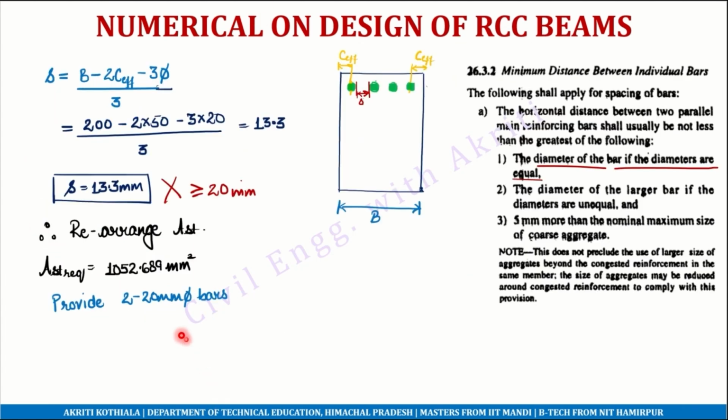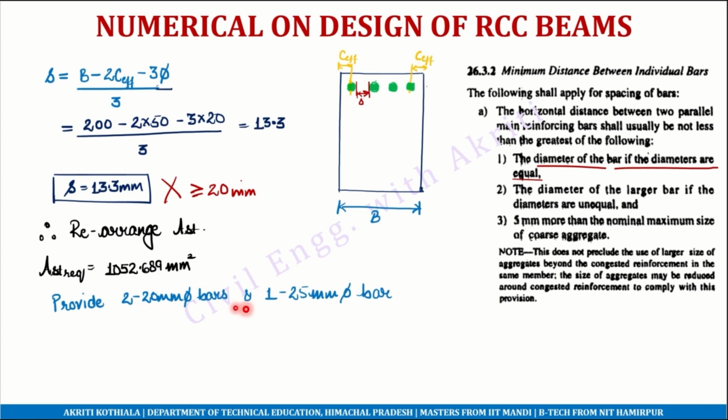What we can do is use this entire AST again and distribute it amongst 2 diameters of bars. So we'll be using two 20 mm diameter bars, and one 25 mm diameter bar. So this is a trial. Again, we will have to check whether it satisfies all the requirements at this stage as well. So this is what we have provided.